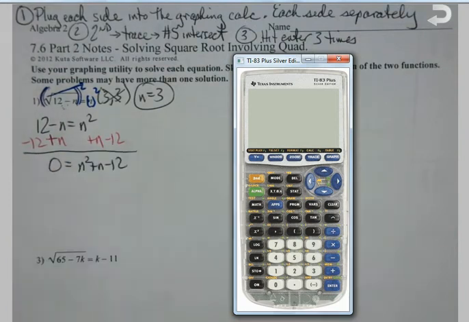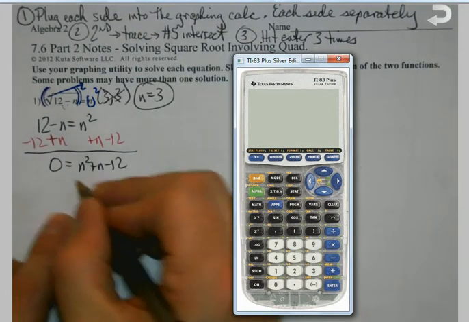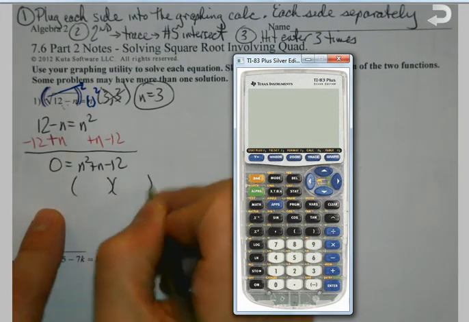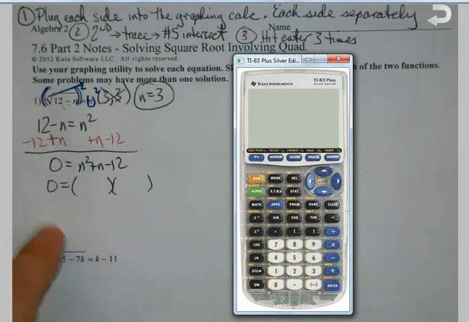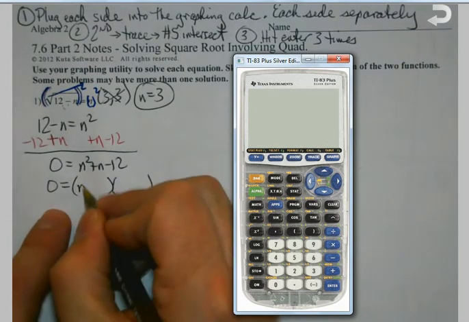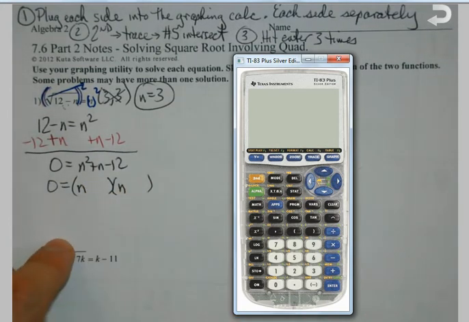And then at this point, I could use the quadratic formula. I could factor it. I could do all sorts of things. Since it looks like it's a diamond problem, let's see how this works here. Can we figure out two numbers that multiply to negative 12 and add to 1?